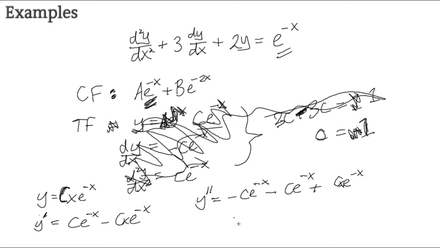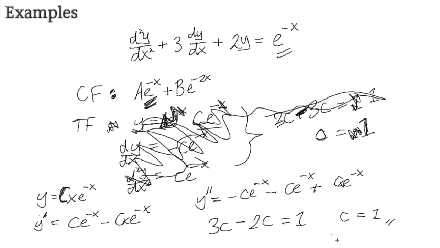So we have 3 lots of c, then take away 2 lots of c for the e to the -x, and this y doesn't contribute anything, and so we have that equals 1, which eventually gives c equals 1 as well.